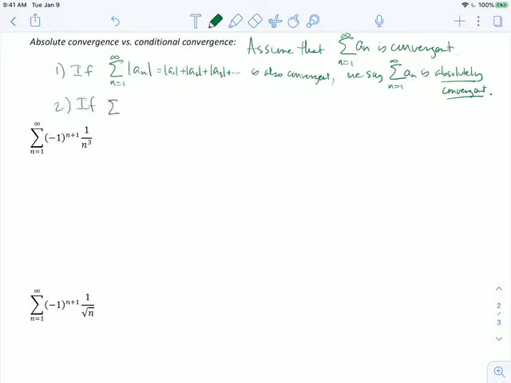But if we take the absolute value of all the terms, add them up, and that turns out to be divergent, then we say that the summation n equals 1 to infinity of a sub n is conditionally convergent.